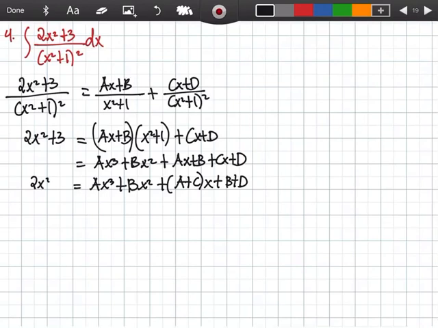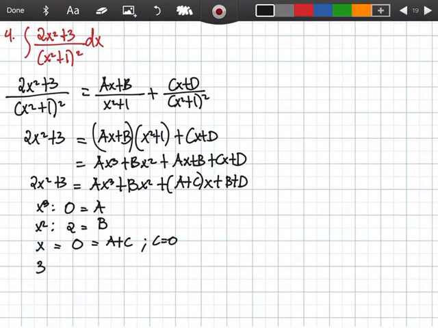This equals 2x squared plus 3. So x cubed, what is the x cubed on the left side? 0. Only a. So, a is equal to 0. X squared, 2, b naman dyan. So, 2 is equal to b. Then x is equal to 0, this is a plus c. A is 0, so c is also 0.